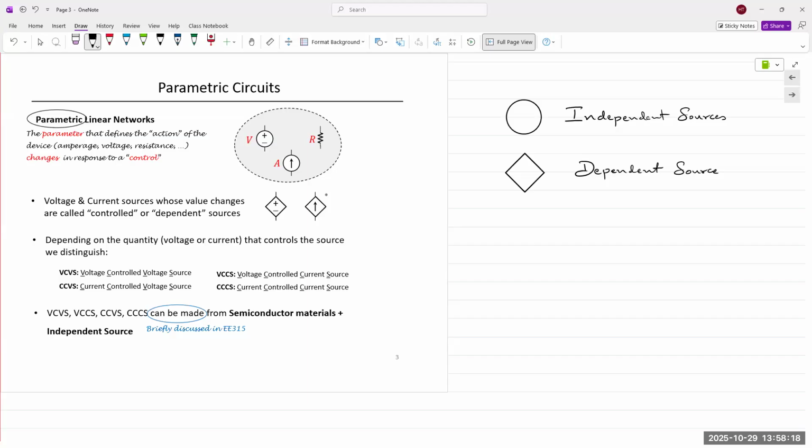That different part of the circuit can be considered a dependent source because it is supplying a rated voltage or current, but it's controlled by something else. And similarly, you could have a current controlled voltage source or current controlled current source. So we have these four definitions right there.